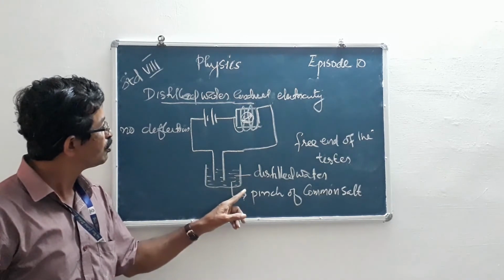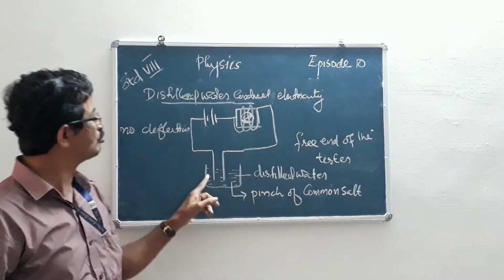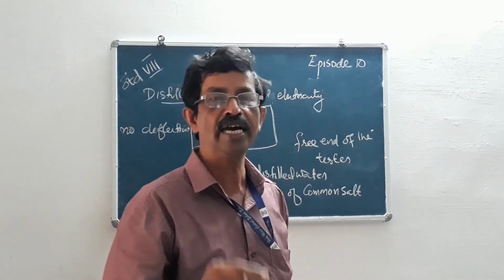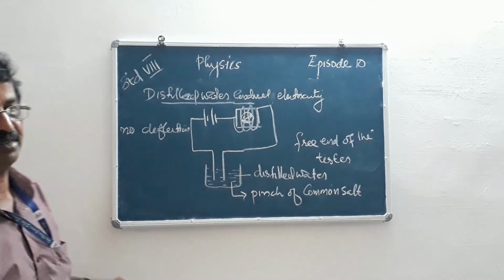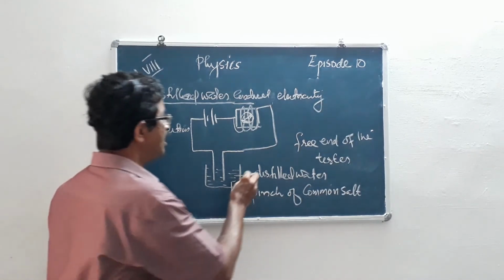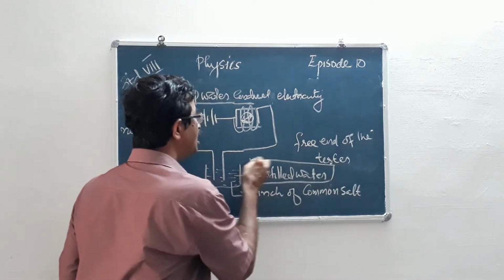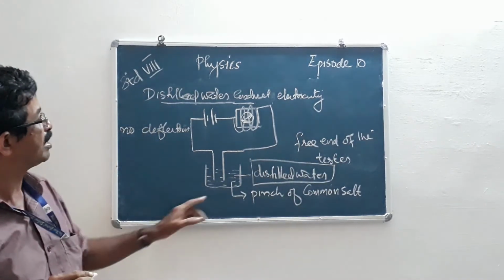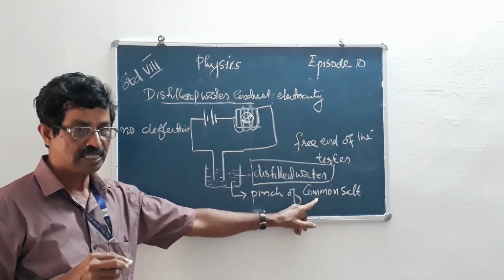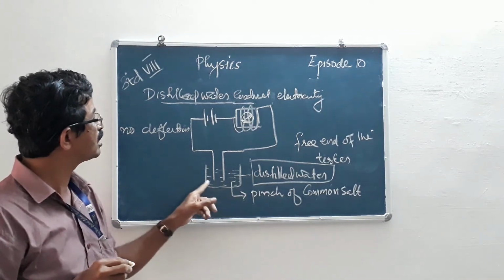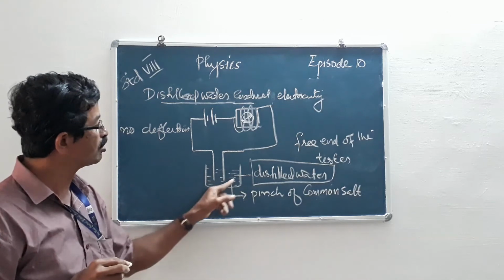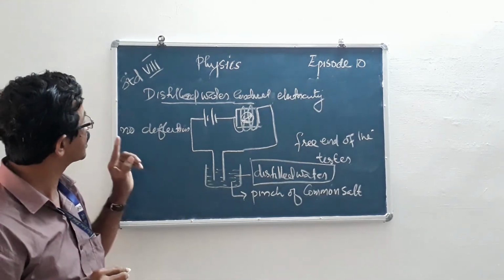Now when we add common salt to this distilled water, it becomes a salt solution, and it now becomes a conductor. Usually distilled water is not a conductor. But when we add a pinch of common salt, that means sodium chloride, this becomes a salt solution, and it now conducts electricity.